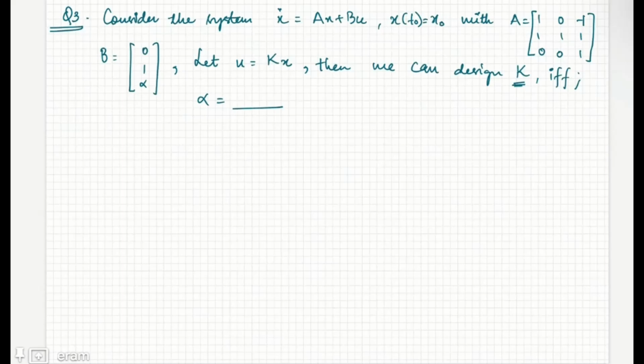Okay, we know that the feedback matrix K will exist only when the system is controllable. So let's check whether the system is controllable or not. For that we have to find the controllability matrix, which is nothing but B, AB, A squared B, because we have a 3 cross 3 matrix.